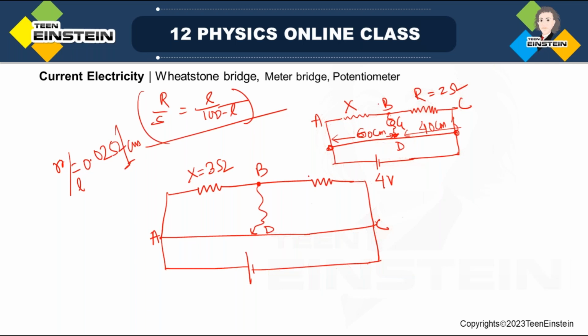This is 3 ohm, and here it is 2 ohm. And this part is 60 by 100 into 0.2.